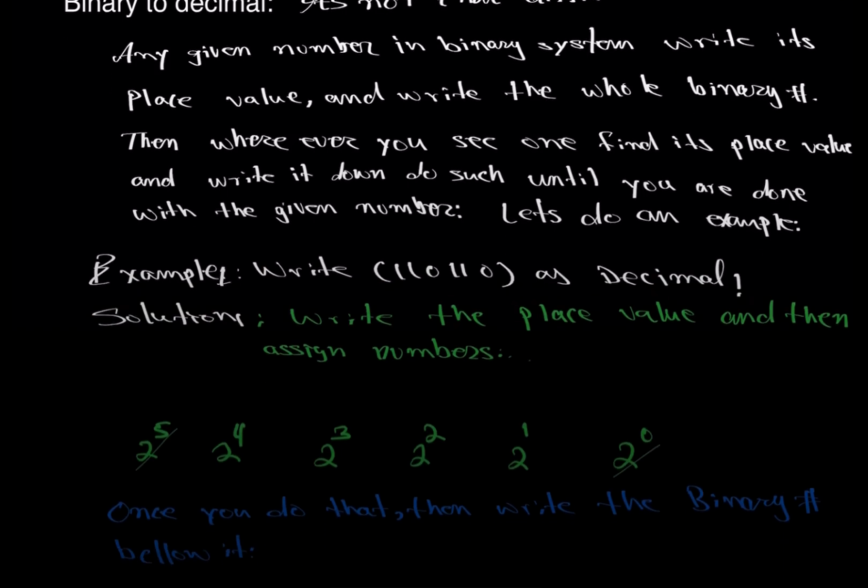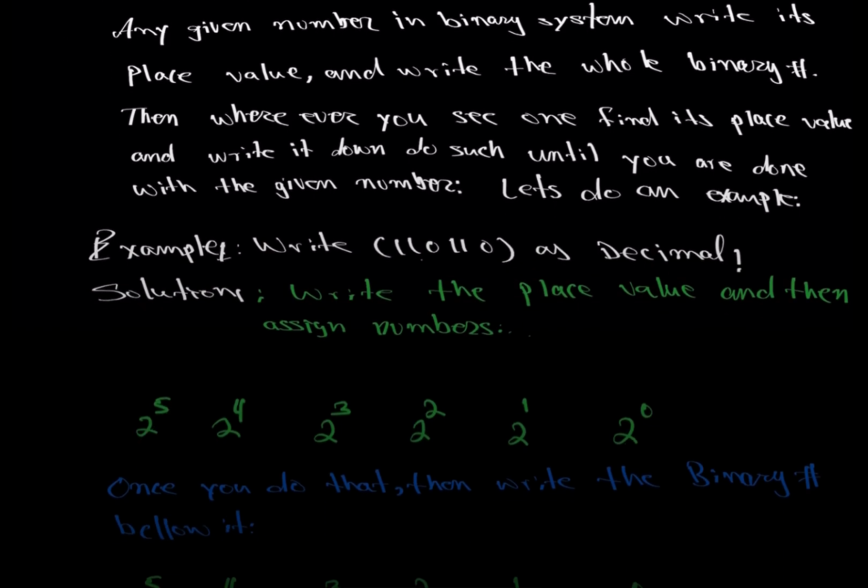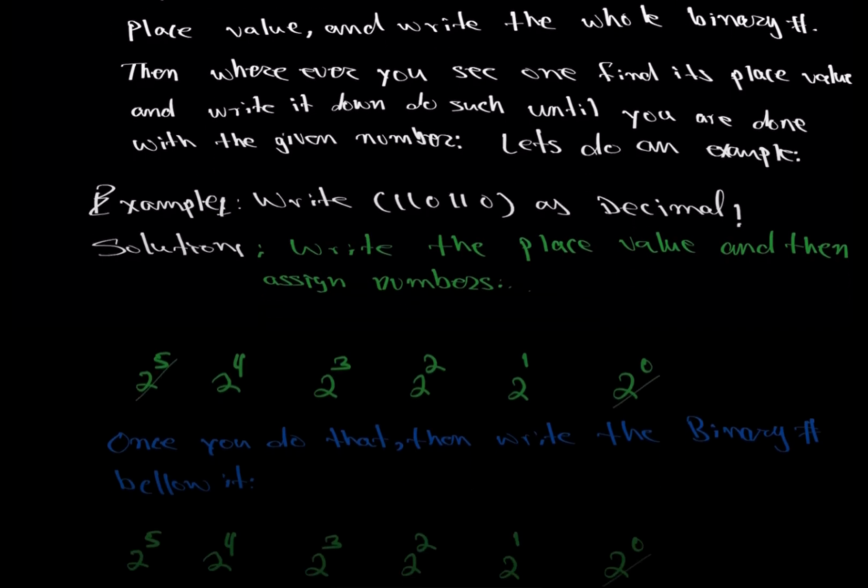Say it asks to convert 110 to decimal. If it is convenient for you, write down the placing values first: 2 to the 5, 2 to the 4, 2 to the 3, 2 to the 2, 2 to the 1, 2 to the 0.